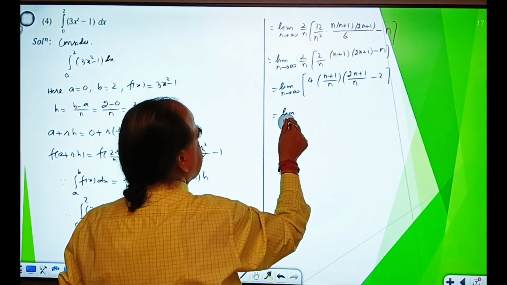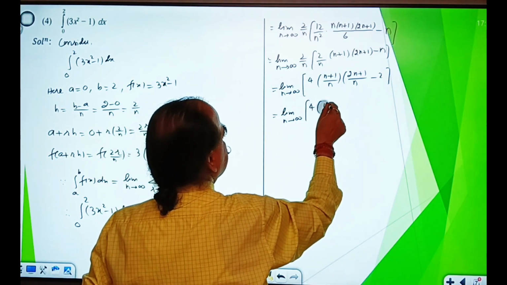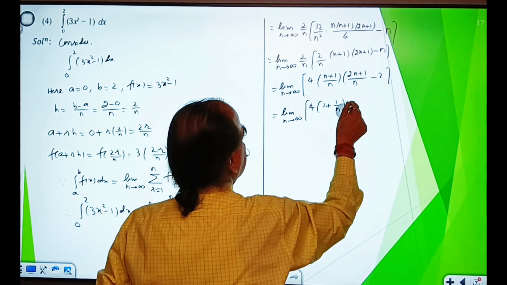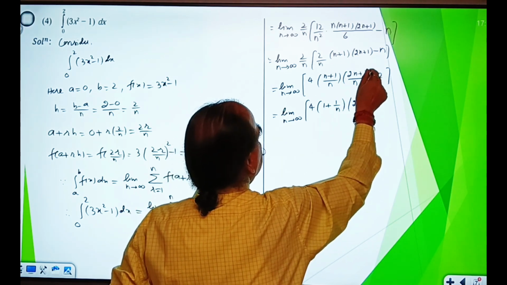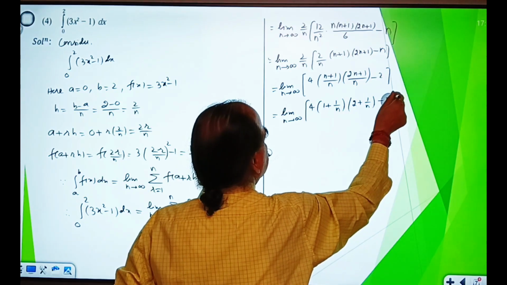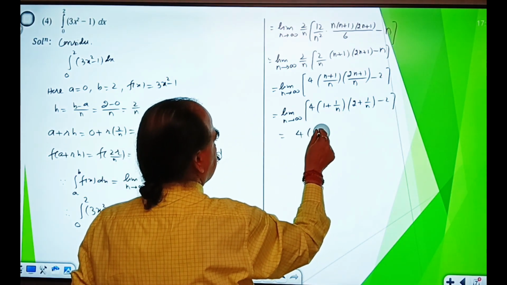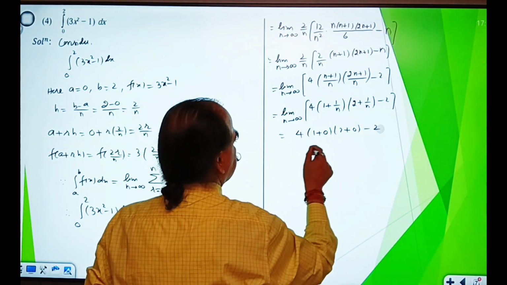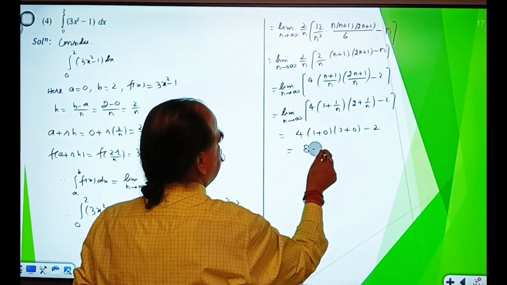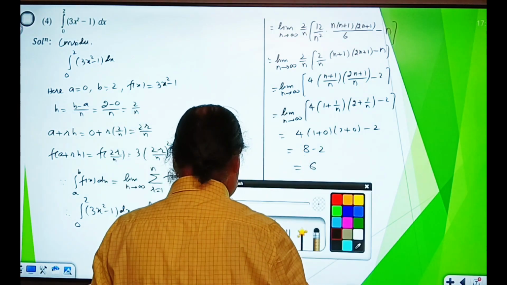Limit n tends to infinity 4 into 1 plus 2 plus 1 upon n minus 2. So 4 into 1 plus 0, 2 plus 0 minus 2. 8 minus 2 will give you what? 6 n's. Let us verify this.